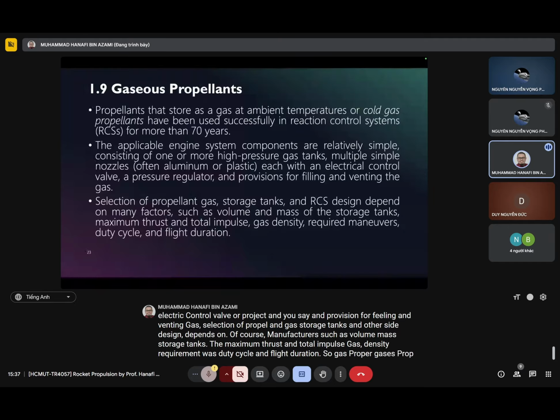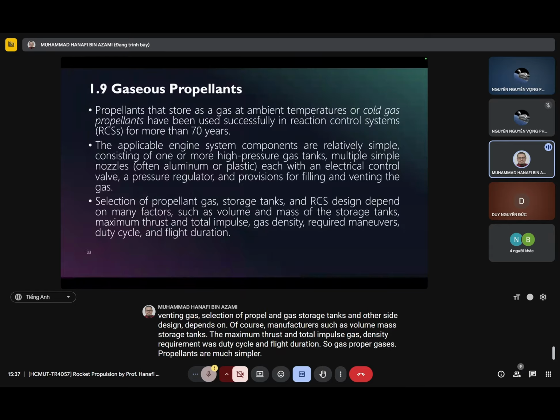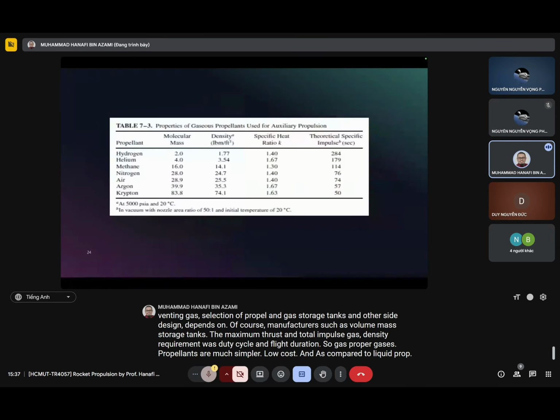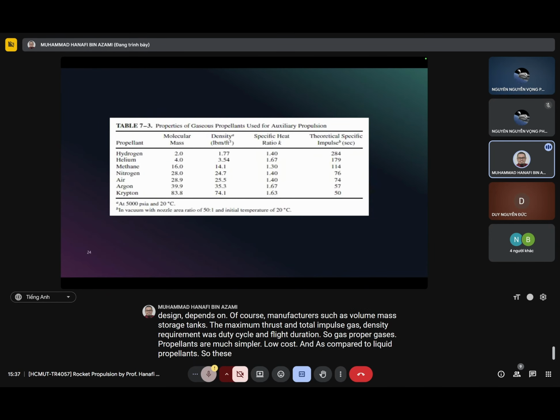Gas propellants are much simpler and lower cost compared to liquid propellants. Some of the common gases used for rockets are hydrogen, helium, methane, nitrogen, air, argon, and krypton.